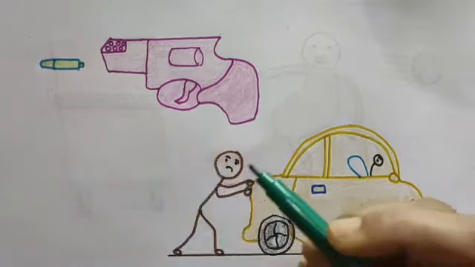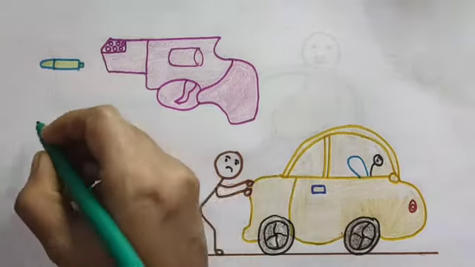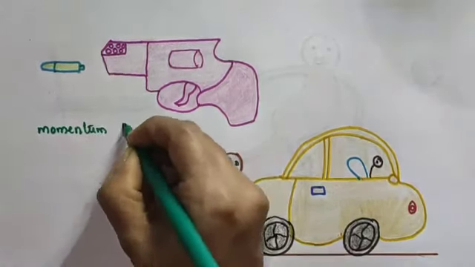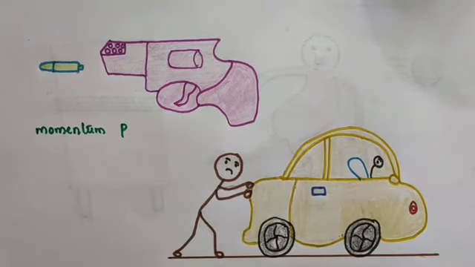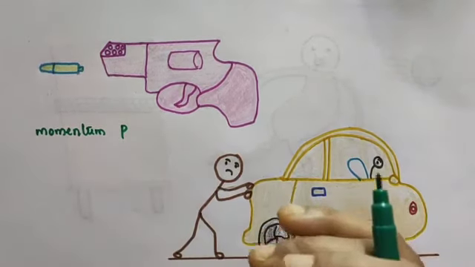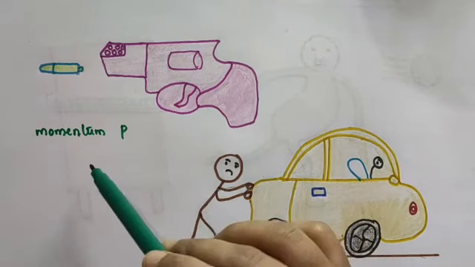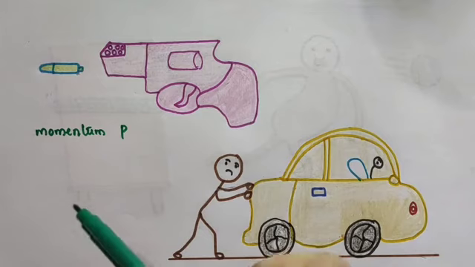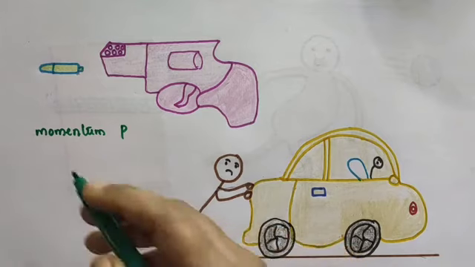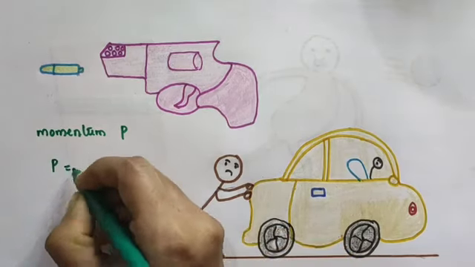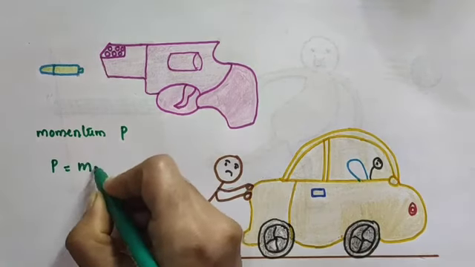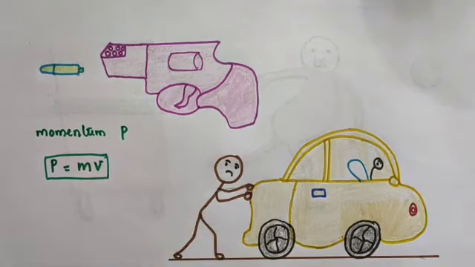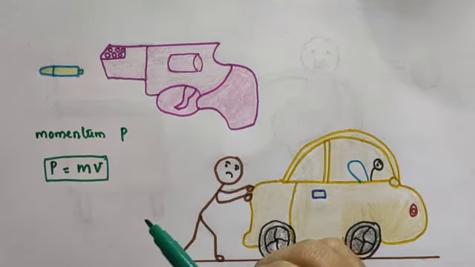The concept of momentum was introduced by Sir Isaac Newton. Momentum is represented by the letter P. Momentum of an object is defined as the product of the mass of the object and the velocity of the object. So we can write momentum P is equal to mass into velocity.